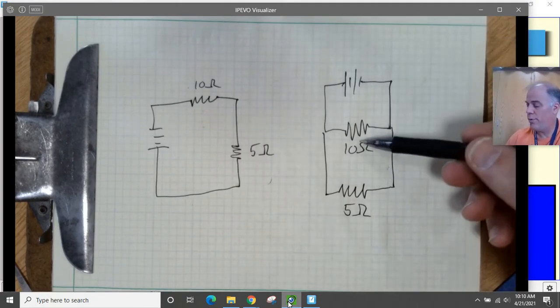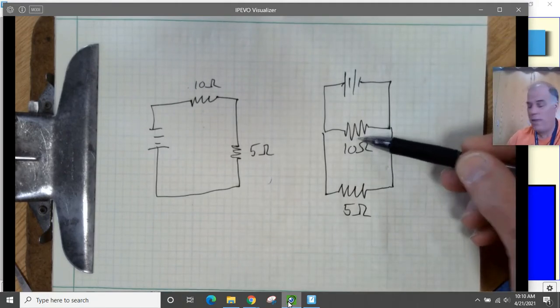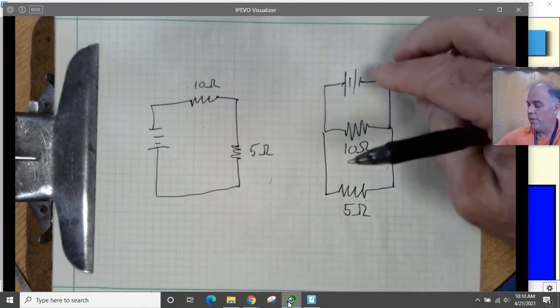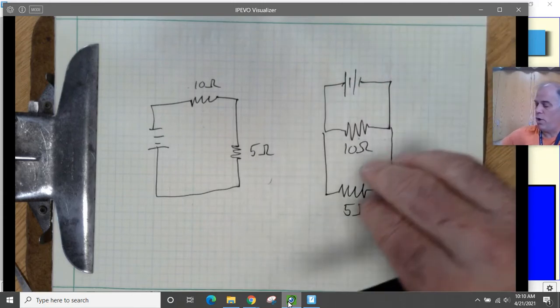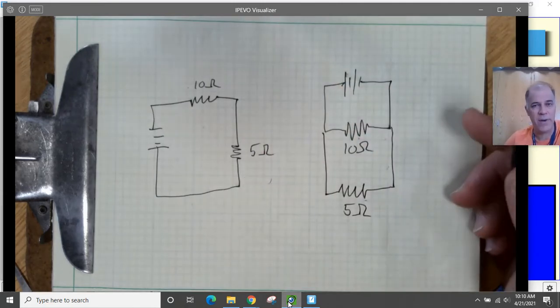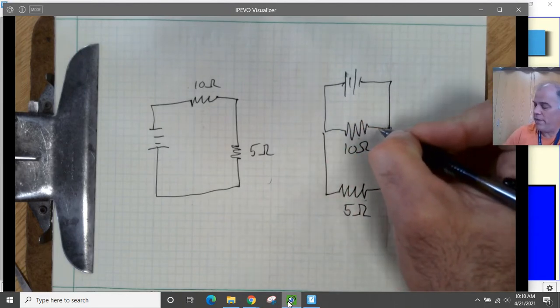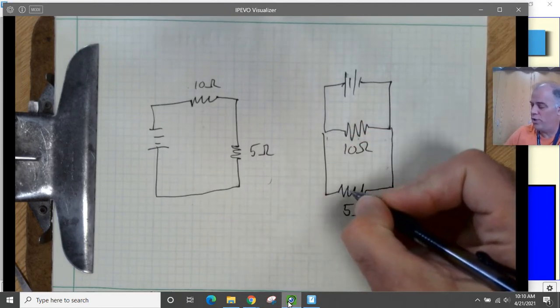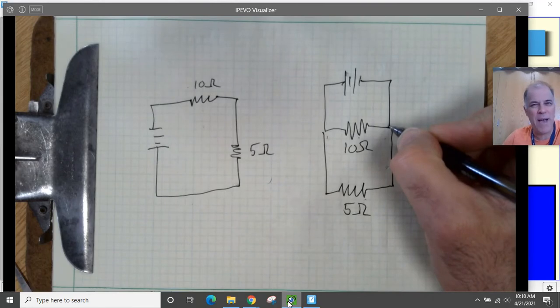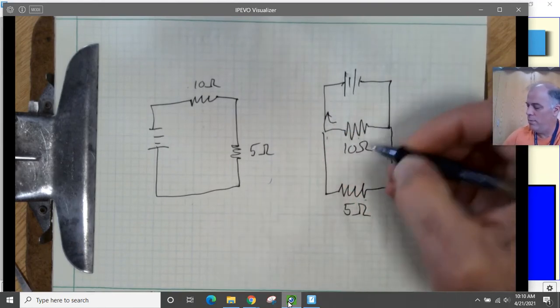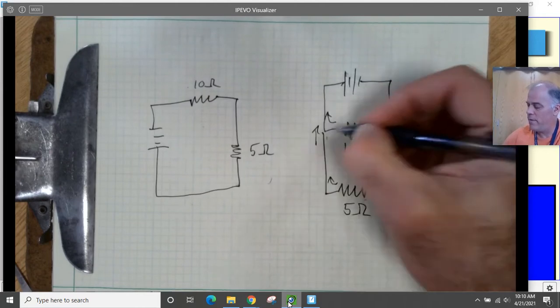If they go through the 10 ohm resistor, they will never go through the 5 ohm resistor because the electrons will flow kind of clockwise in this diagram. And an electron, if it makes it through this one, will never go swim upstream and go backwards through the other resistor. An electron will only go back toward the battery, right?